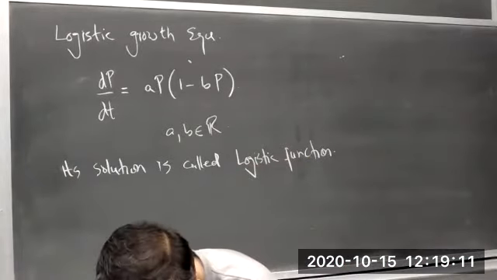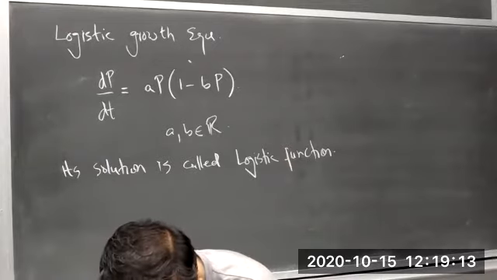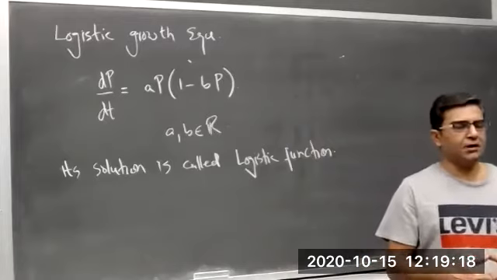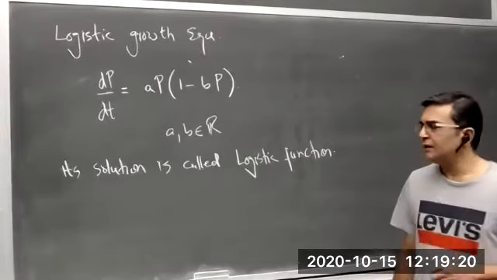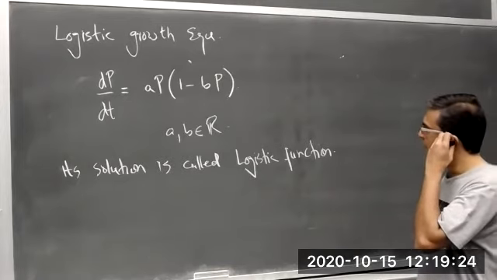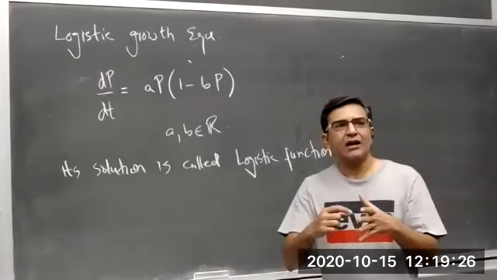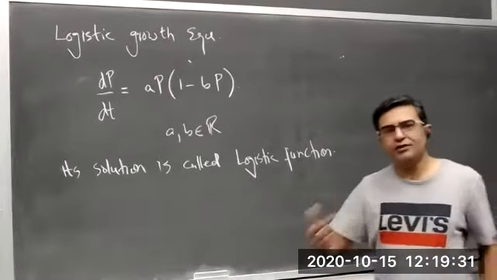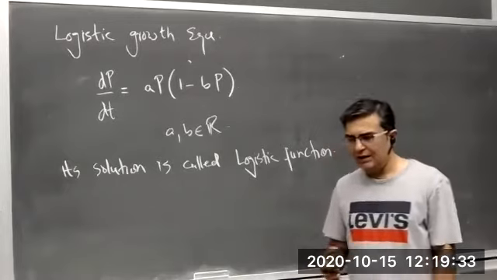When it goes up to the maximum capacity of that container or some kind of environment, then the growth of bacteria will definitely change when the population of bacteria increases.